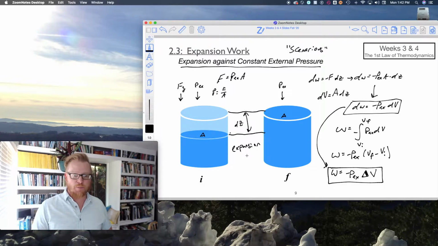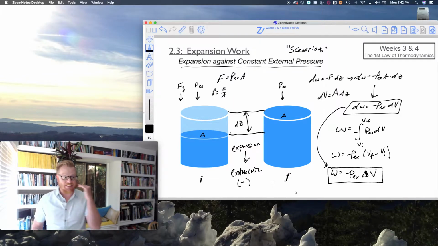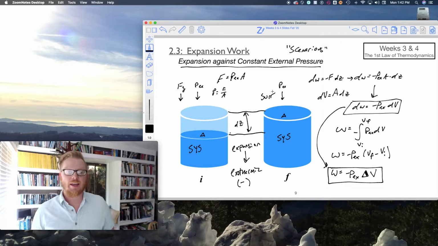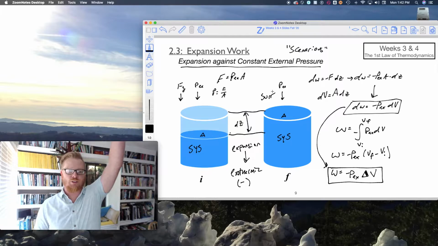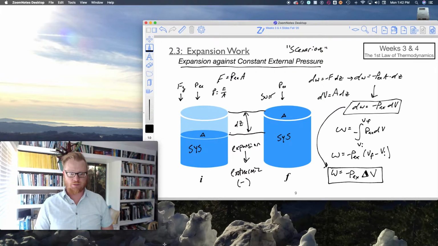And thus expansion work is exothermic because we recall when the sign is negative, that tells us it's exothermic. In other words, if this is the system and up here this P external is the surroundings, my system is pushing away the surroundings. My system is doing work on the surroundings, okay?